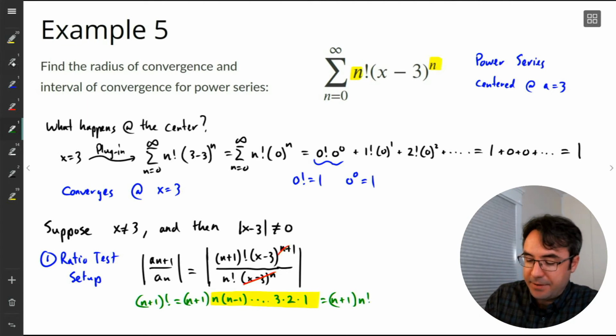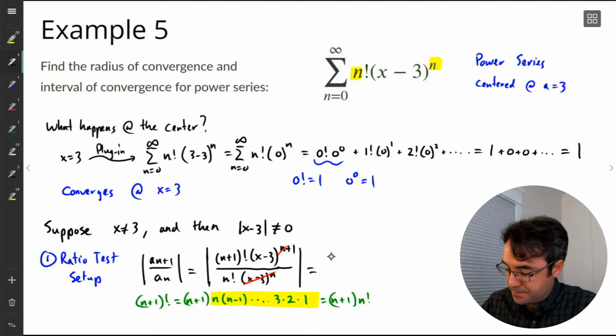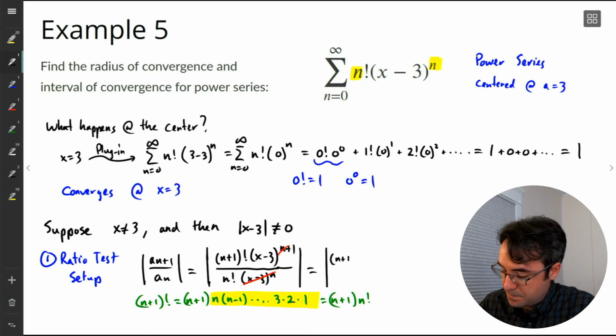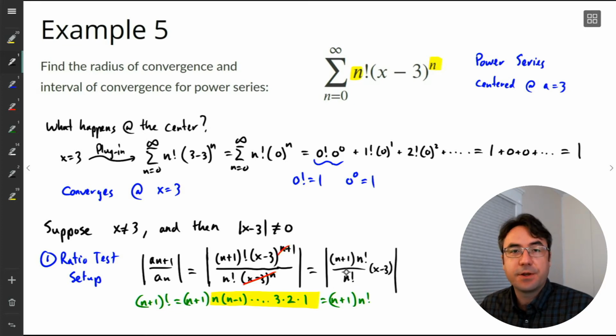And let's fill that in. So we have n plus 1 times n factorial over n factorial times x minus 3, and then the factorials cancel. n plus 1 is positive, so the absolute value isn't going to do anything to it.